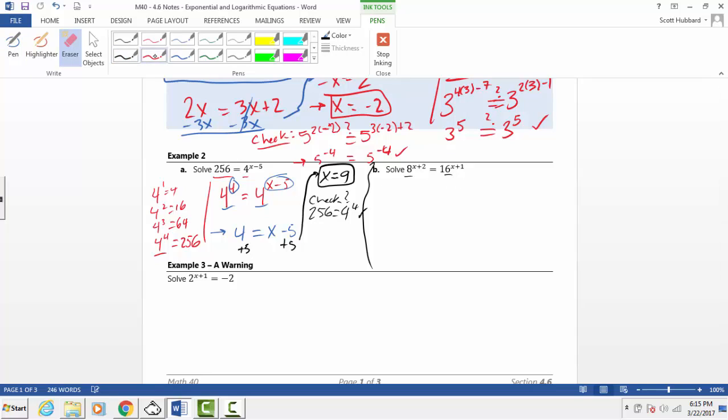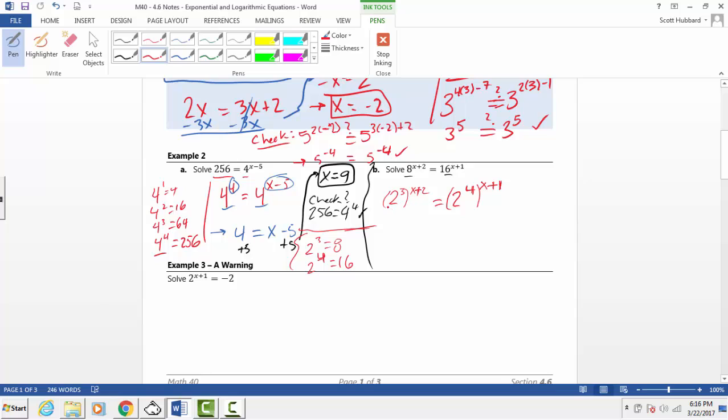And what we have to do is simply say, okay, so let me do it over here. 2 cubed is 8, and so this is going to be 2 cubed to the power of x plus 2. And now let's talk about 16. 2 to the 4 is equal to 16, and so this is going to be 2 to the 4 to the power of x plus 1.